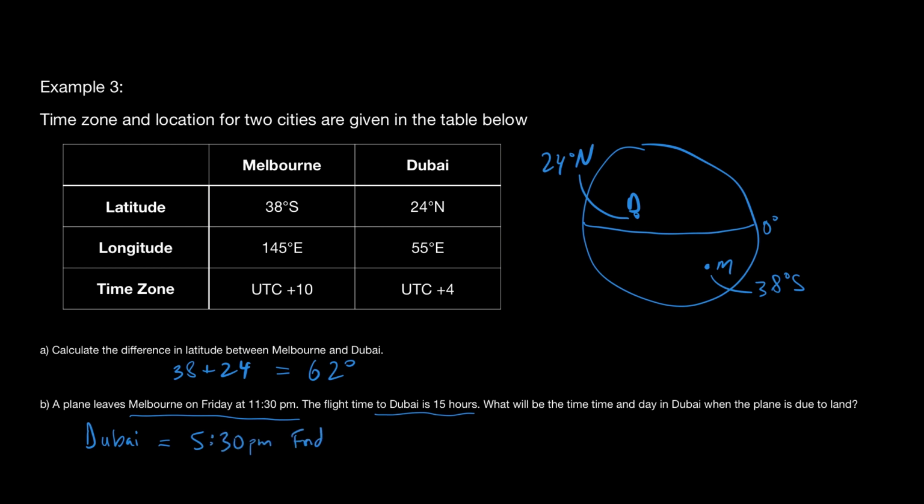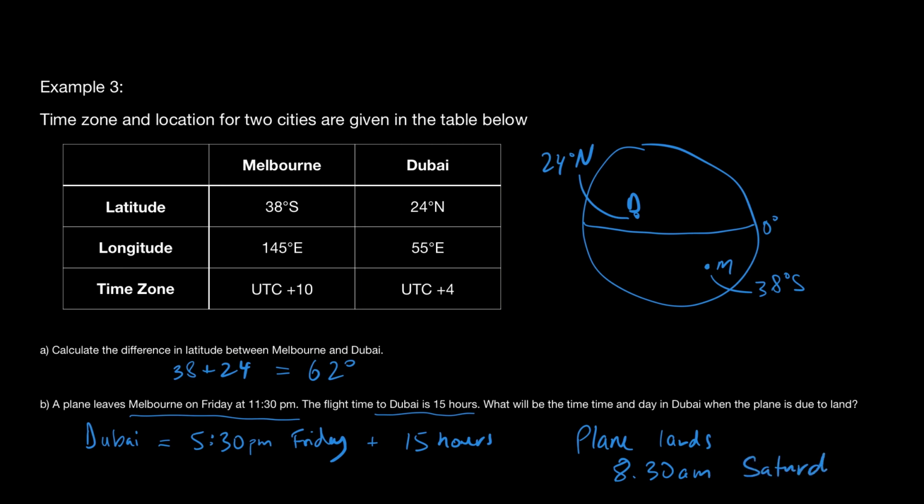Now we're looking at 5:30 p.m. on Friday. We need to add 15 hours. If we go ahead 12 hours, that's going to get us to 5:30 a.m., and then we need to add 3 more hours. So the plane lands at 8:30 a.m., and it's going to be Saturday in Dubai.